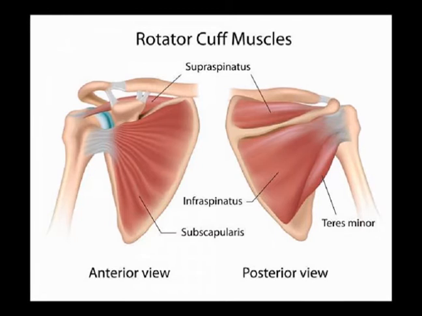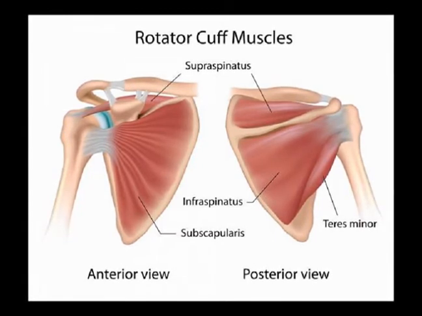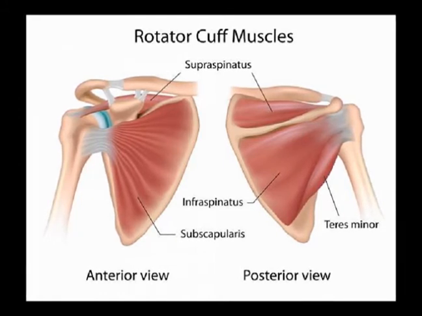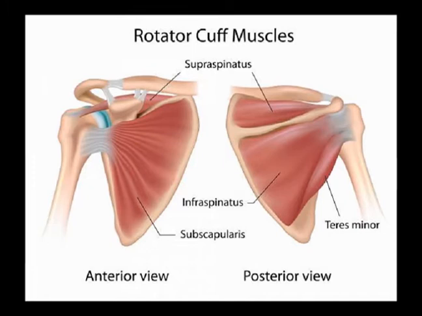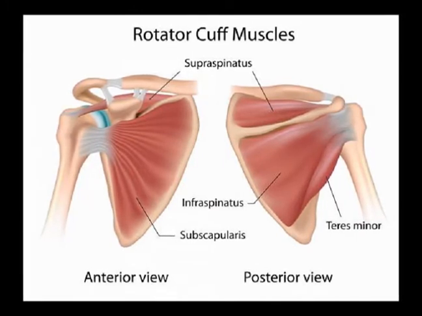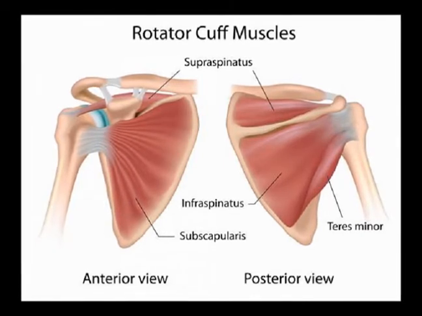These muscles originate on the back of the scapula and they attach to the humerus. Then there is one anterior rotator cuff muscle. This muscle is the Subscapularis. This muscle originates on the front of the scapula and attaches to the humerus.